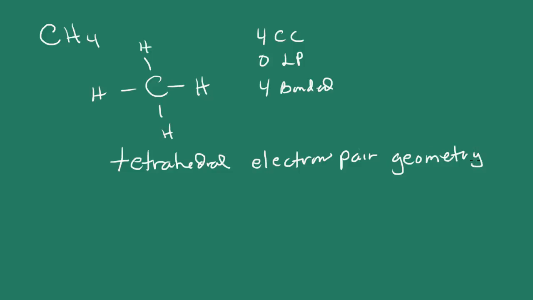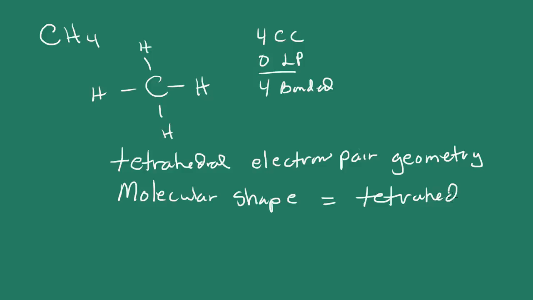Now, as far as the molecular shape goes, in this case here, the molecular shape, or structure as your book calls it, is the same as the electron pair geometry. And that's because we don't have any lone pairs. So here, our molecular geometry, or molecular shape, is also tetrahedral. Okay, let's take a look at another one.